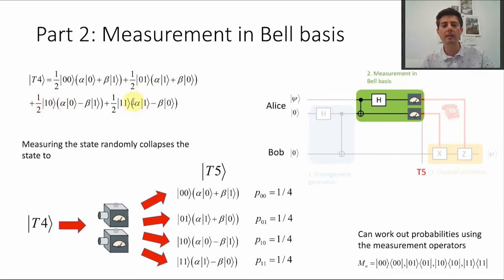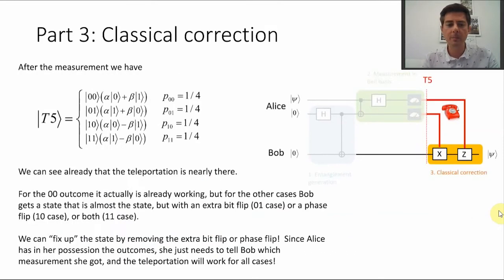So the only thing that you need to really worry about in terms of the probabilities is actually just this factor here, and the square of a half is a quarter, and so that's why you have a quarter for the probabilities of each of these different outcomes. Okay, so fine, that's the end of the second part of the circuit, and so we basically randomly have these 4 different outcomes. Okay, so that's basically what happens at that point.